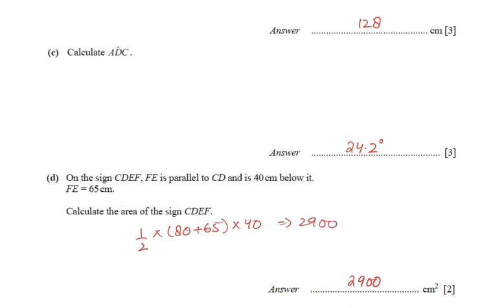You will get 2 marks for this. So remember, the formula for the area of a trapezium is 1/2 into the sum of the parallel sides multiplied by the height. I hope you have understood this question.